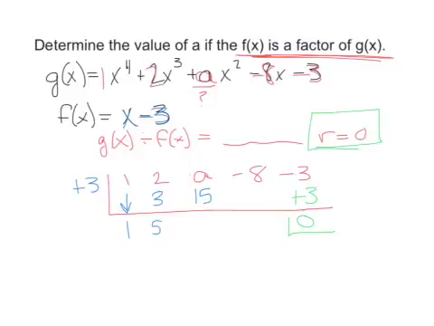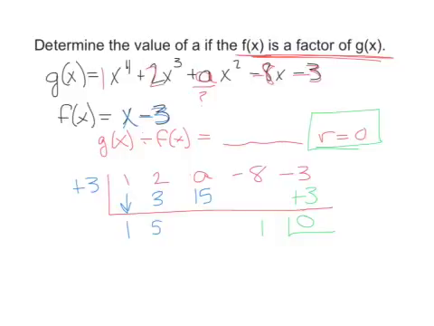Positive 3 plus negative 3 would give me the 0, and now I'm going to work backwards. What number here multiplies by the outside so that I would get a positive 3? 3 times what? And 3 times 1 is 3.